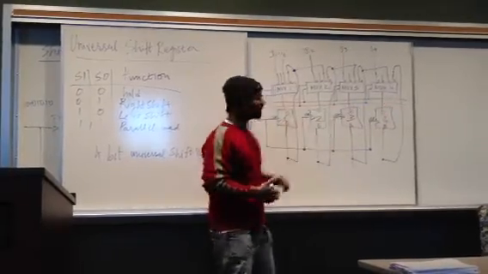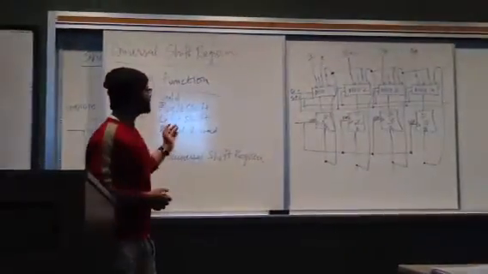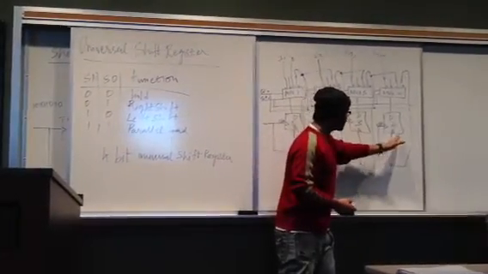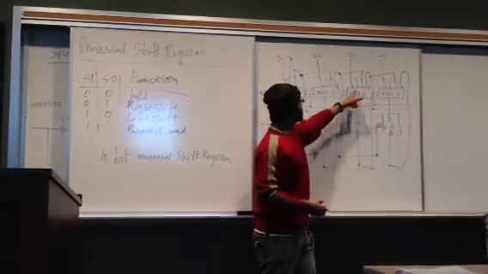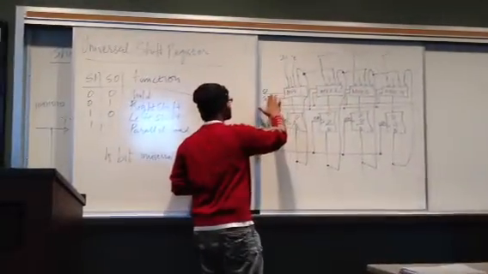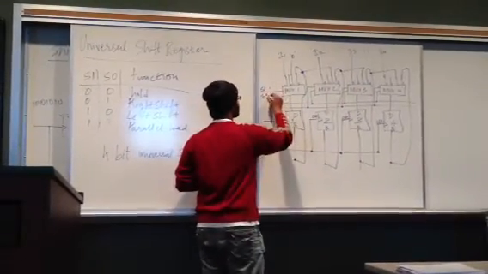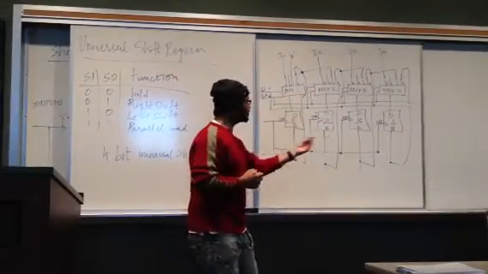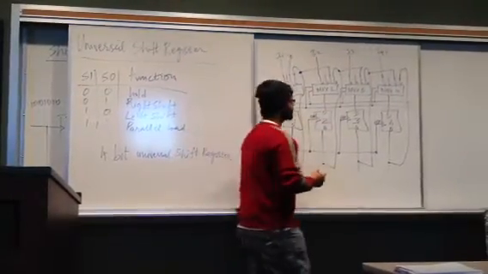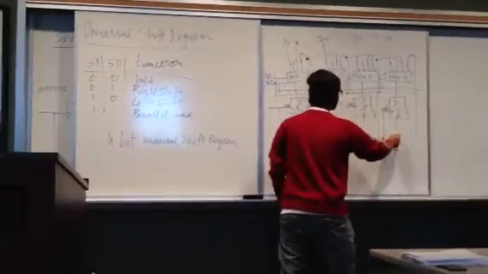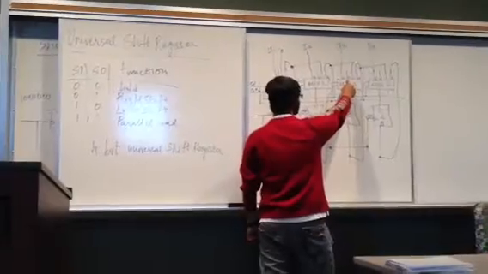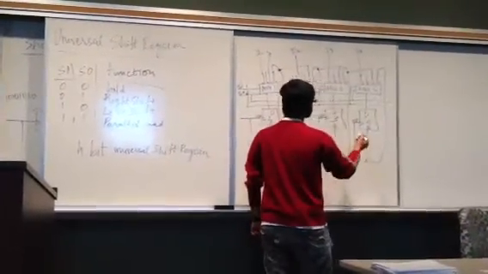Now, 1, 0 implies a left shift. Left shift implies that the output of this flip-flop should be the input now. Your inputs are 1, 0. 1, 0 implies line 2 is selected. And you want to do a left shift. So the output of this flip-flop should be the input of this flip-flop specifically on line 2 over here.